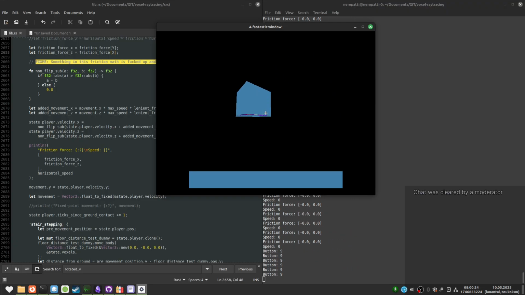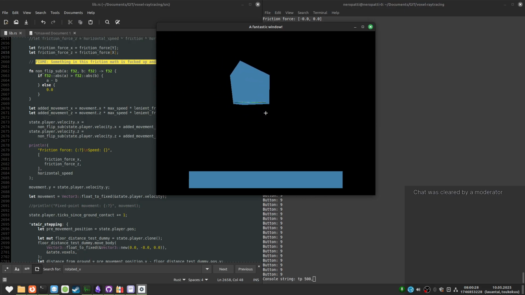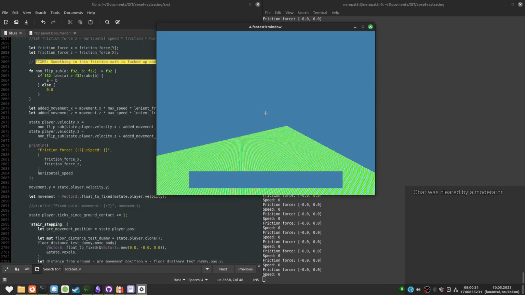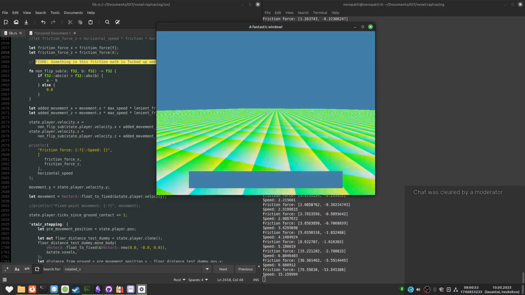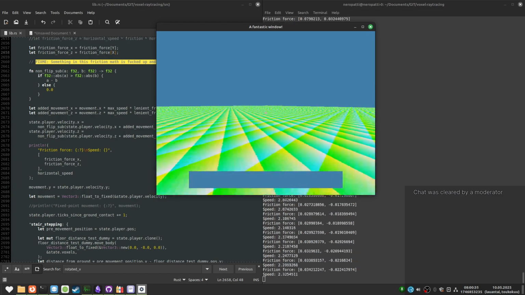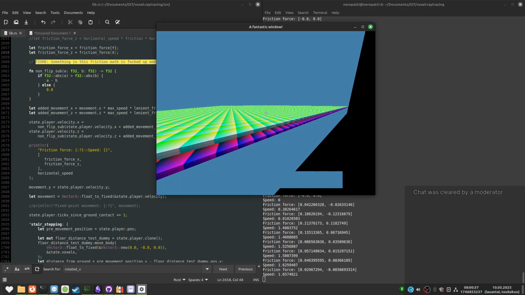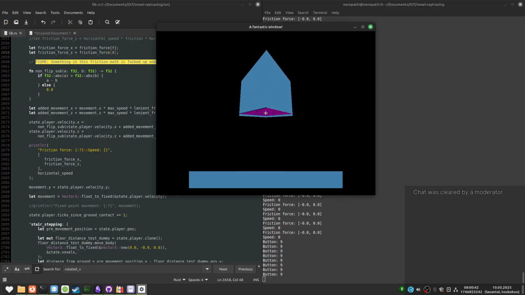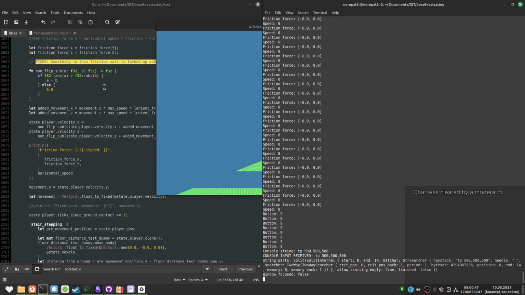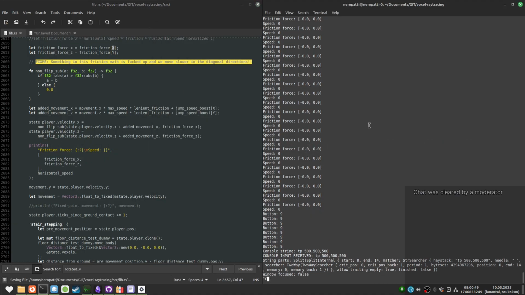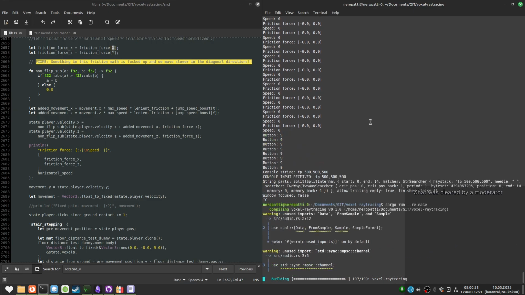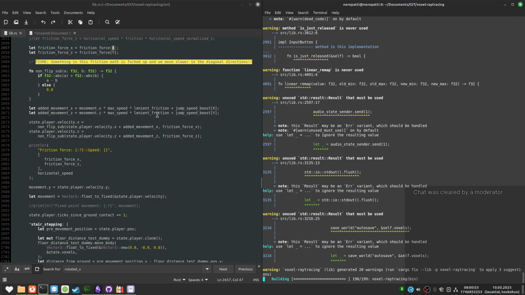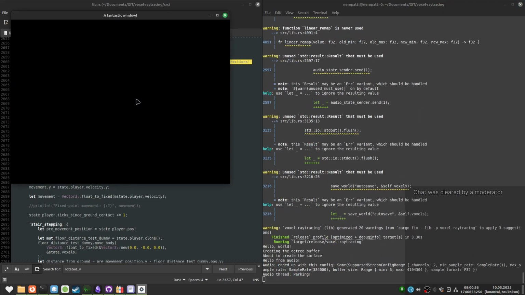Oh, there's definitely angles where you accelerate. Very interesting. So, okay, these were the right way around. There's still something that I'm doing wrong though.